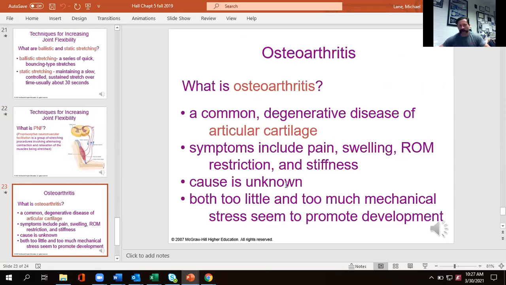If we keep beating them down and not allowing them to completely recover, well, then at some point we're not going to be able to recover as much. And at a certain point, now that we've exhausted those capabilities, we're not able to build as much cartilage back from all the damage we're doing. Congratulations, you're looking at bone on bone. You're only going to do that for so long before, congratulations, you're going to be in a lot of pain.